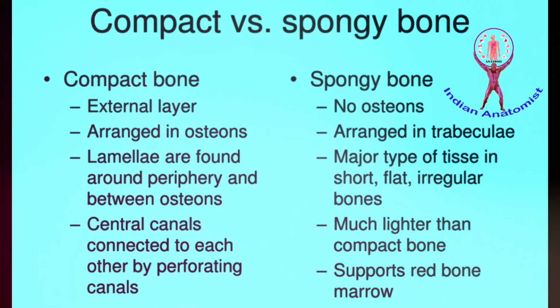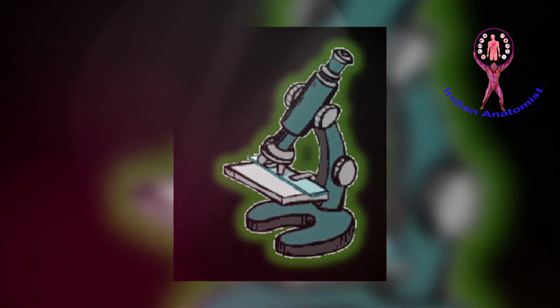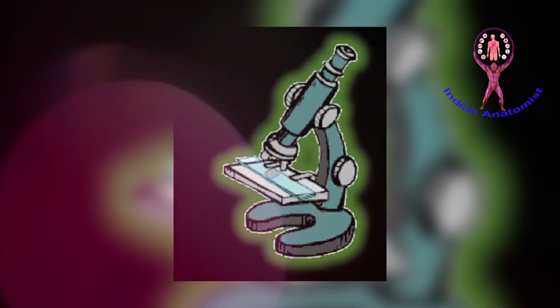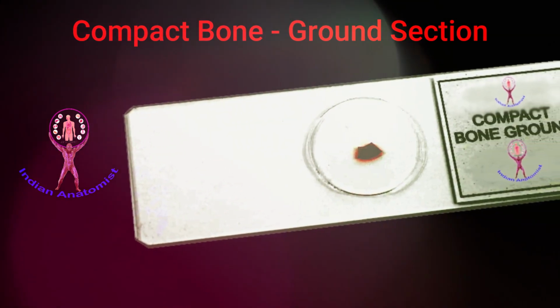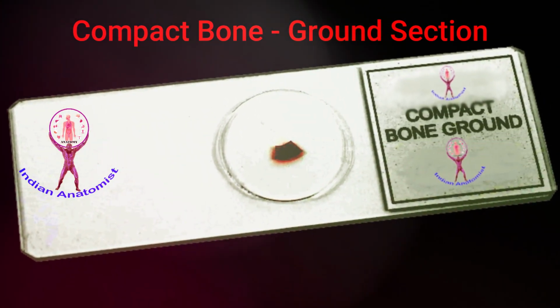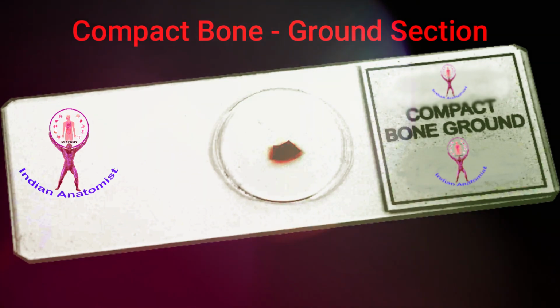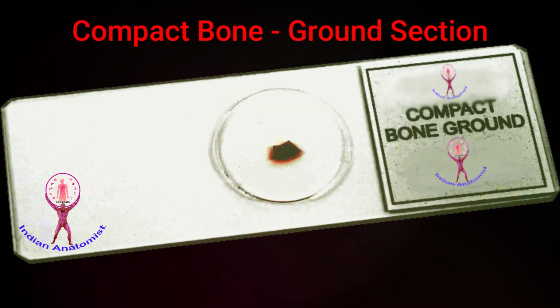Dear students, with this above said knowledge of compact and spongy bone, now we will discuss how the compact and spongy bone look under the microscope. Many compact bone slides of transverse and longitudinal sections in histology lab are unstained.